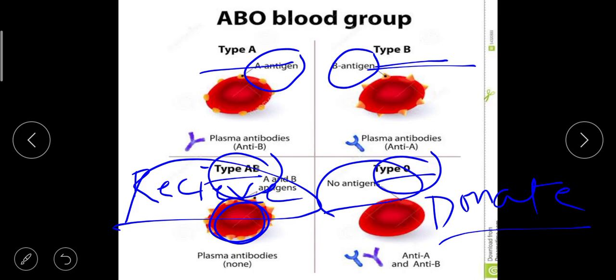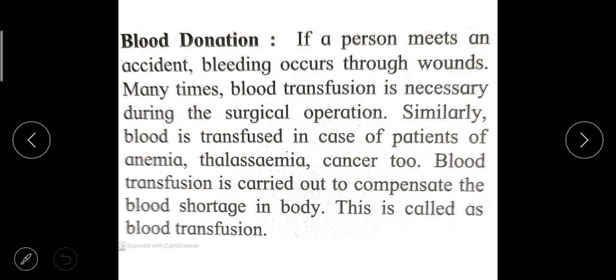Now next is blood donation. If a person meets an accident or there is bleeding through wounds, many times blood transfusion is very necessary during a surgical operation or in case of emergency. So blood is transfused in patients with anemia, thalassemia and cancer too.